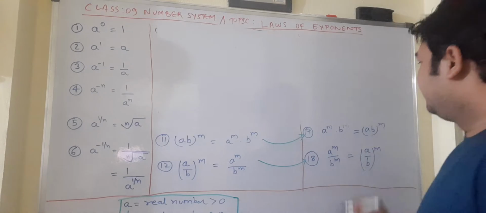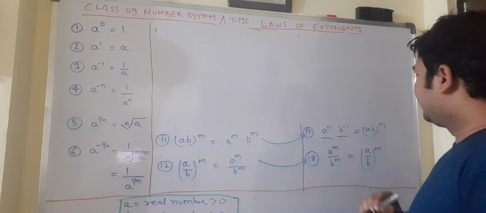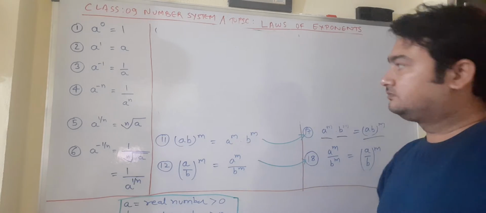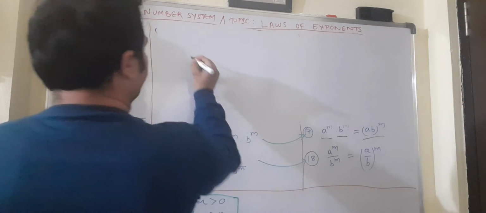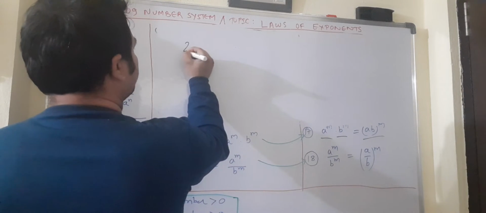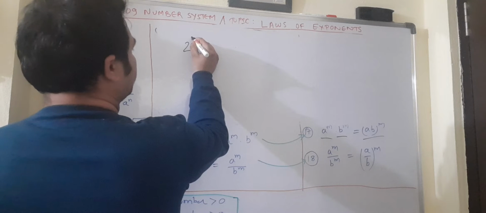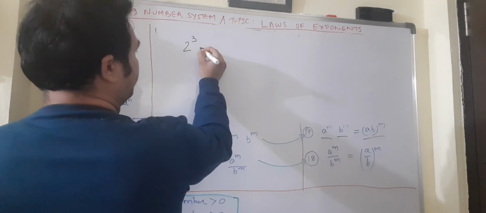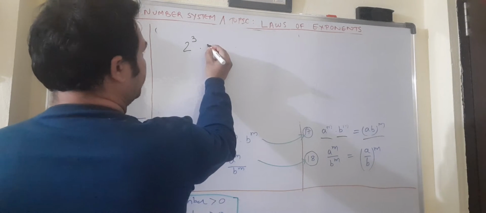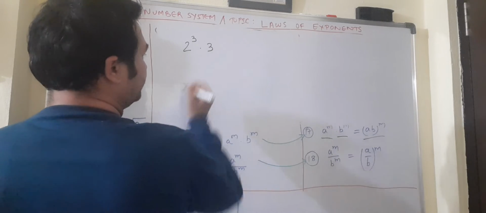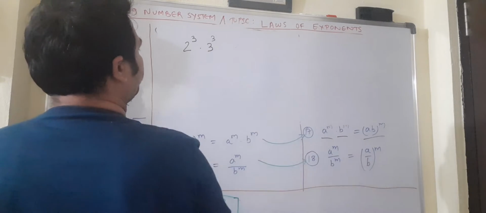Moving on, we have a to the power m into b to the power m is ab to the power m. Suppose we have 2 to the power 3, and another number, 3, which is also having the same power 3.